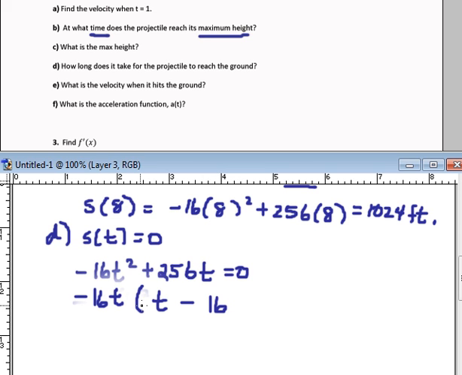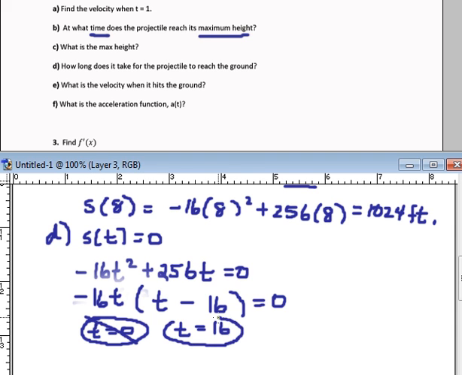All right, 16 times 16 is 256. equals 0, which leads us to two values, t equals 0 and t equals 16. So initially the projectile is on the ground, but that's not the value of t we're interested in. The projectile returns to the ground after 16 seconds. Well, that's the answer there.